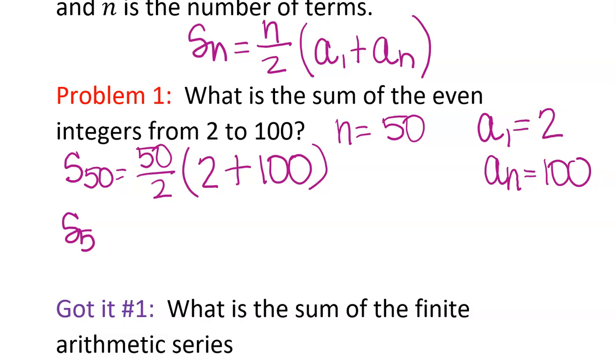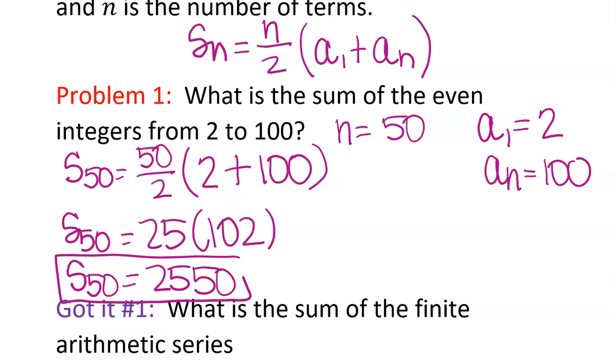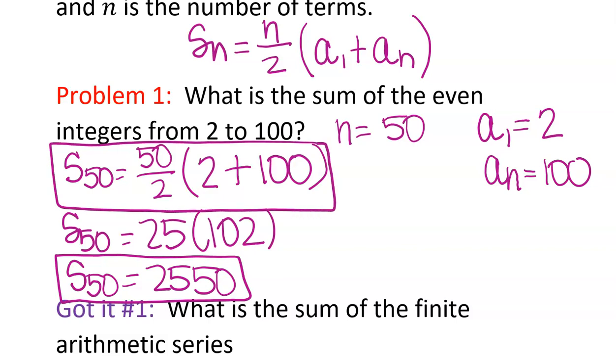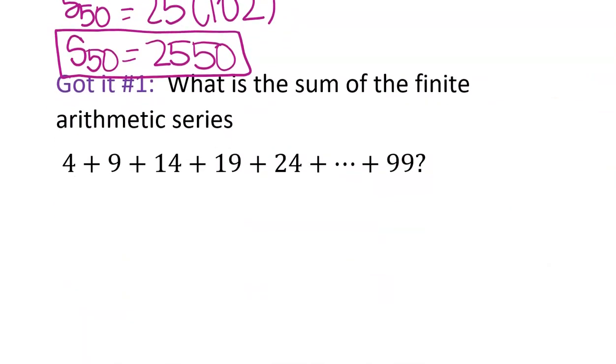So the 50th term would be 25 times 102, and we multiply that out, and we get 2,550. So what I'm looking for when you guys are doing these is what is your setup using the formula and what is your answer. If you can do all of that and just type it in your calculator, go for it. If you want to pause right here and try the got it question, you can.